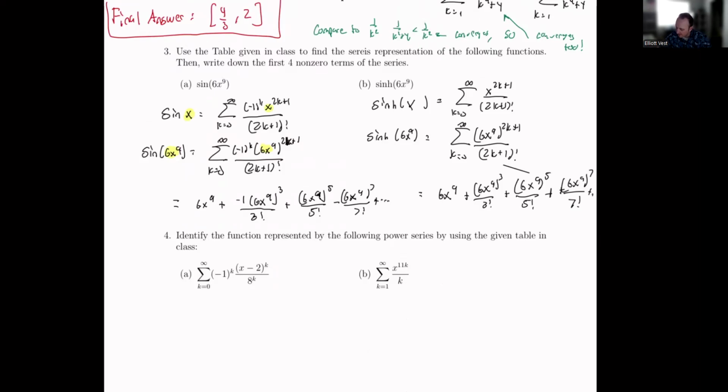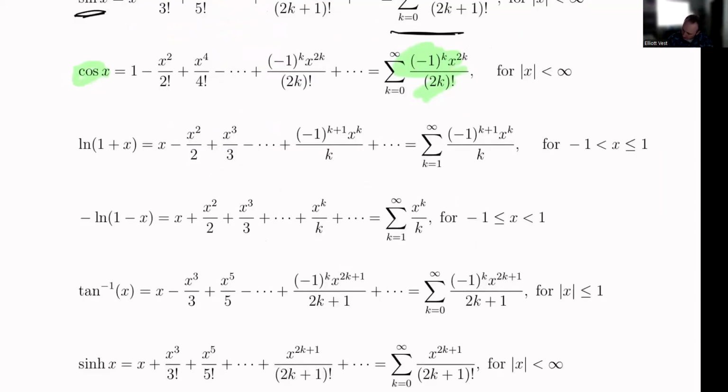Identify the function represented by the following power series using the given table in class. So we have this. I see something here. I'm going to make this the sum from 0 to infinity of negative 1 to the k, times x minus 2 over 8 to the k power. Does that look like any of the series we know? Well, this one, right? I have negative 1 to the k, something to the k power.